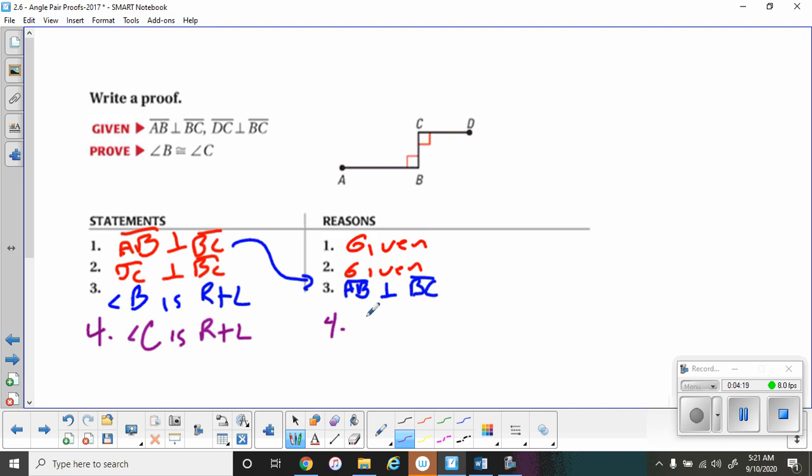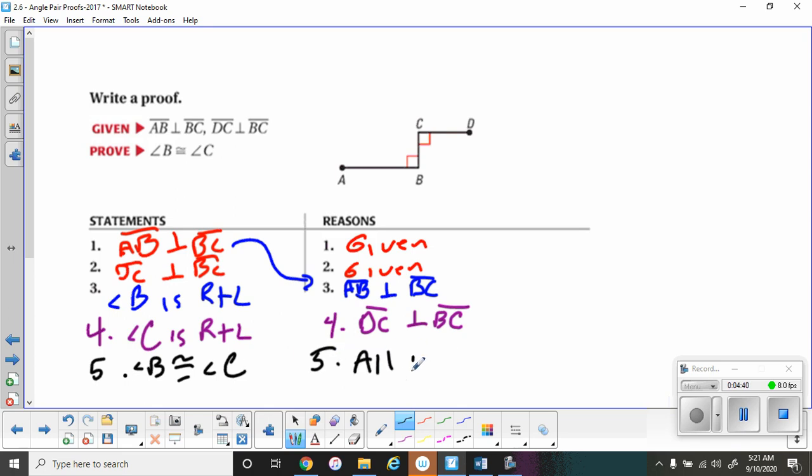Or specifically, it is DC is perpendicular to BC. Now that they're both right angles, I can say that they are congruent. Angle B is congruent to angle C, and that is all right angles are congruent.